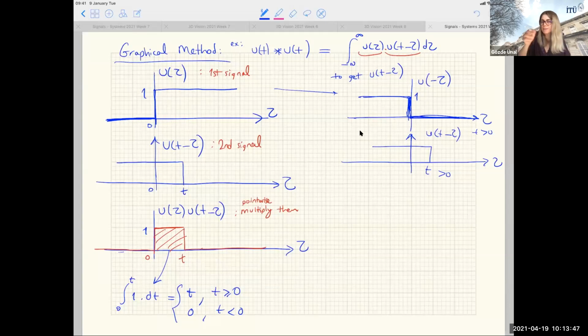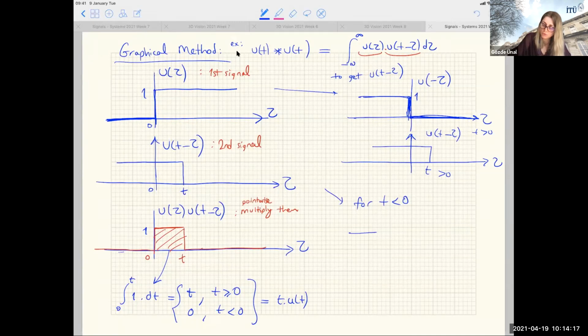Guys, this equality I can put to any size. It's a continuous time space. Okay. So that would mean this is really equal to t times u of t, right? Because for t less than 0, maybe I can show also, for t less than 0, the two signals did not have any overlap, right?